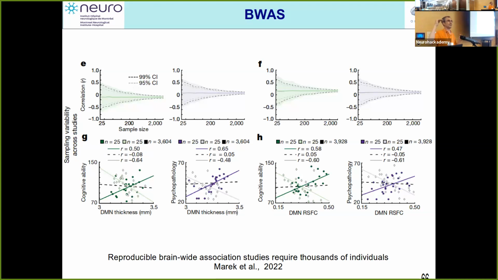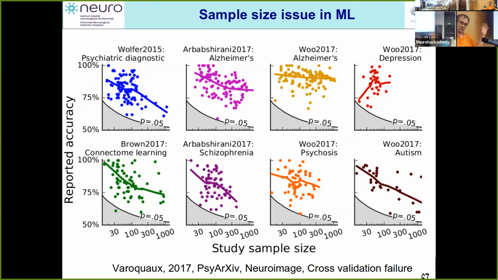It's not only the size of the effect; it's also how it varies with the number of samples. And you've seen that as well with the prediction accuracy with increasing sample size from Gael, showing that prediction accuracy is decreasing with the sample size.